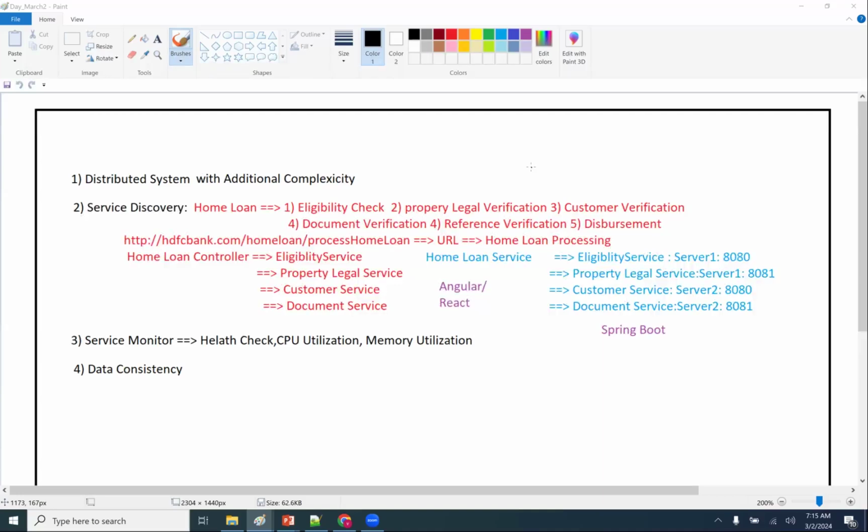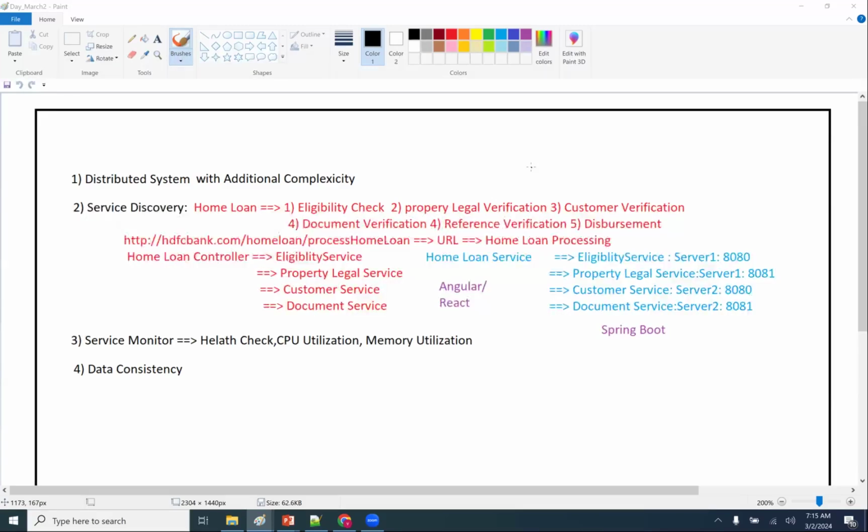Next one is data consistency, which is also a bit of a problem here. Data consistency means every microservice has its own database. Previously everything was available under one database, one schema.